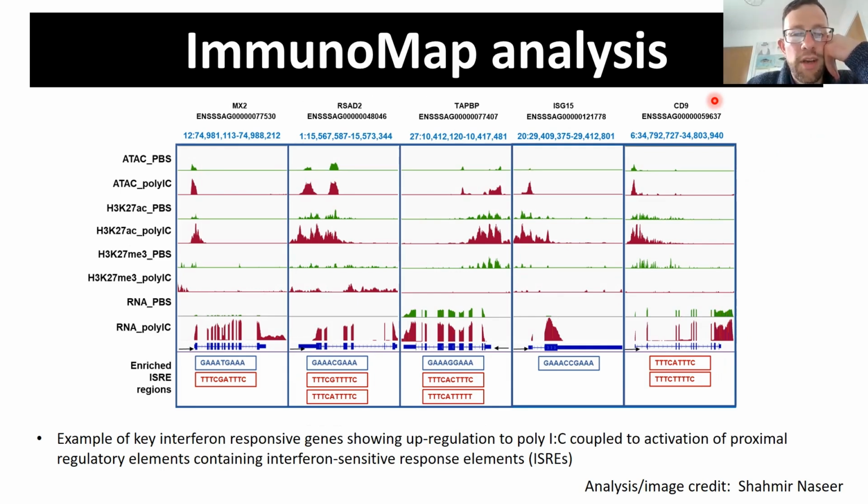So here we're looking at known interferon response genes that showed upregulation, like expression upregulation to poly-IC, but that was coupled to activation of proximal regulatory elements that contain interferon sensitive response elements, which I think the interferon complex binds to. So overall, this is validating really the quality of this immunomap data set in Atlantic salmon, and I'll be really excited to see more results that come out of this work in due course.